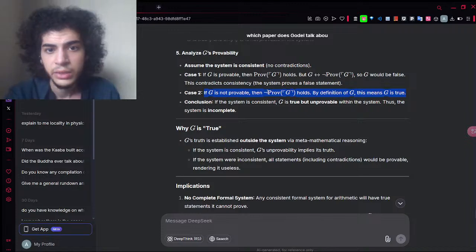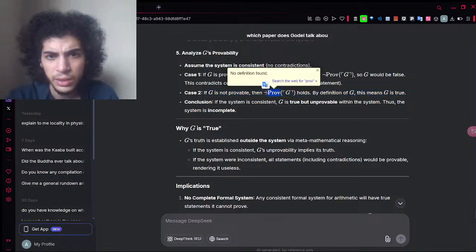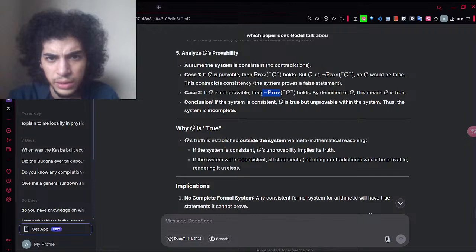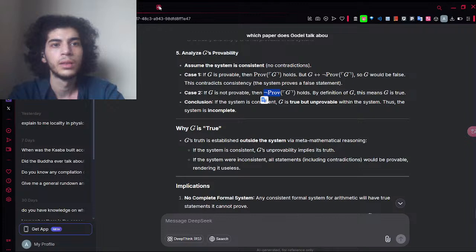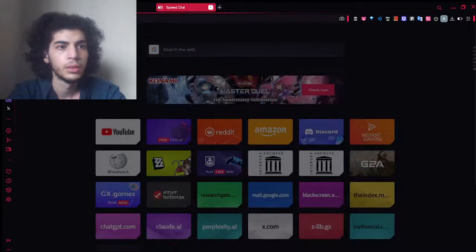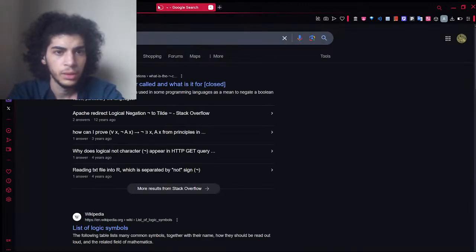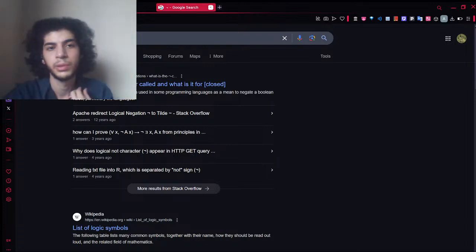Is this negative? Does this mean negative? Is that what this is? What does that mean? Okay, it's a negation, so it's like bar, so it's negative. Okay.